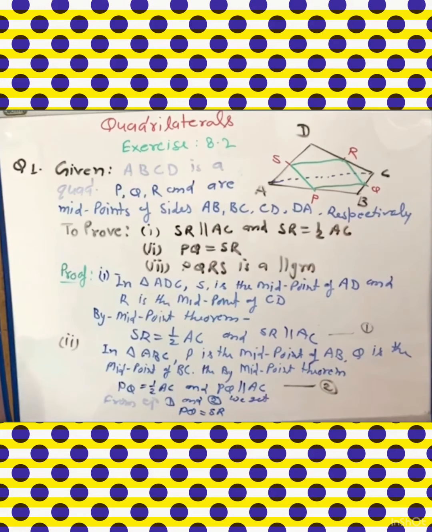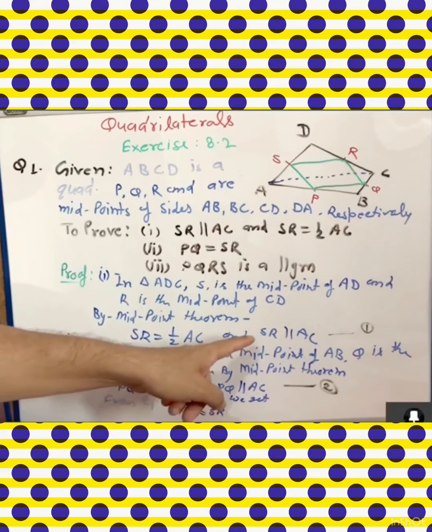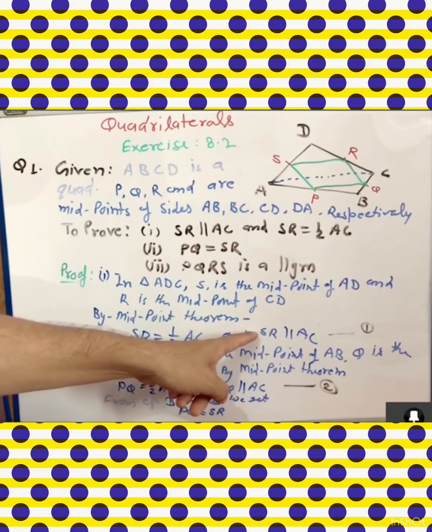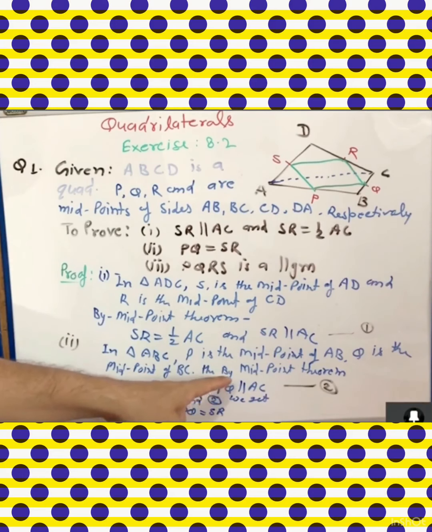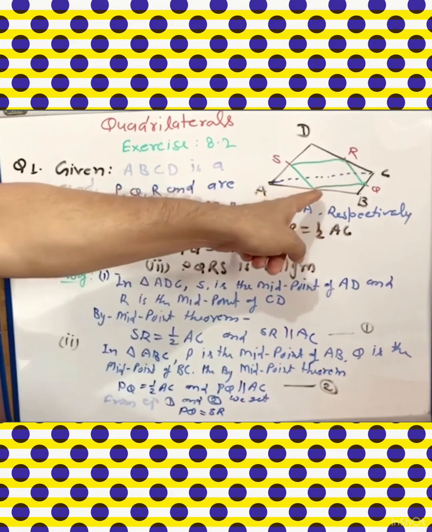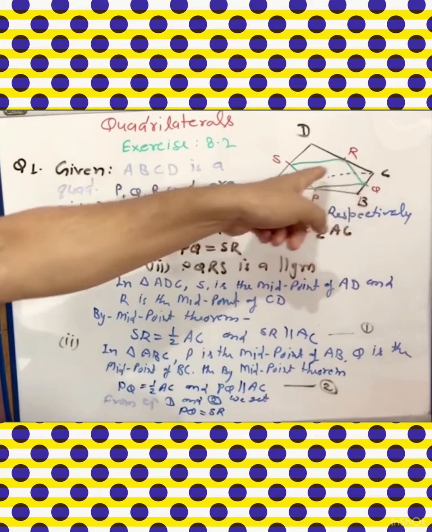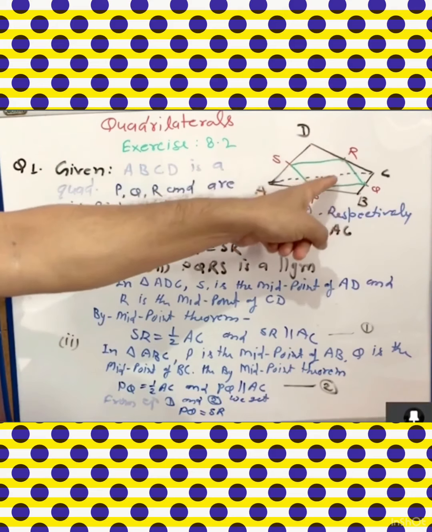Now moving to the third. Again you will observe equation number first and equation number second. You have to prove here PQ equal to SR, and similarly you see here SR parallel to AC and PQ parallel to AC. It means you can say that in the diagram also PQ is parallel to AC and SR is parallel to AC.